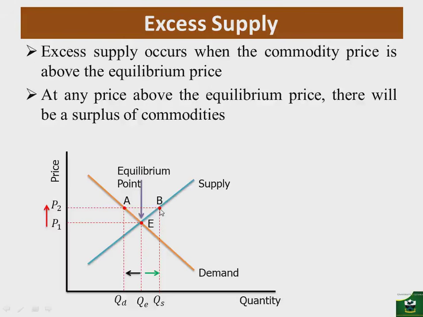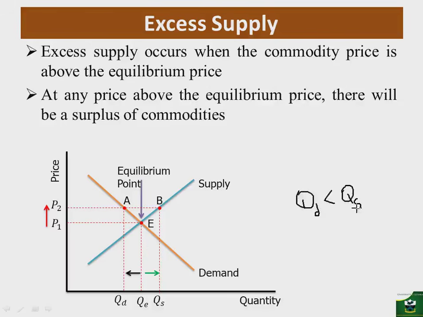The same question we asked when we were looking at excess demand can still be asked here: how do we attain equilibrium? Because at P2, we are not in equilibrium. At P2, our quantity demanded is less than our quantity supplied.